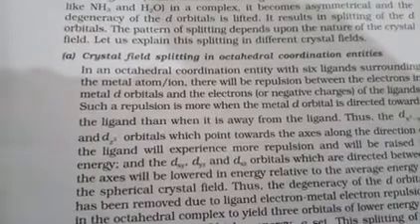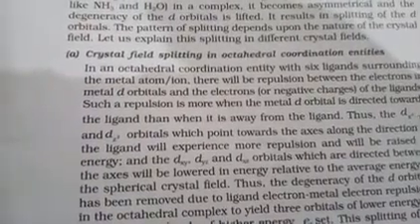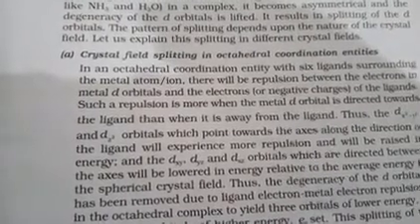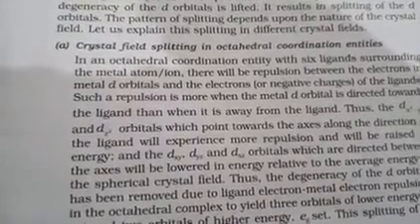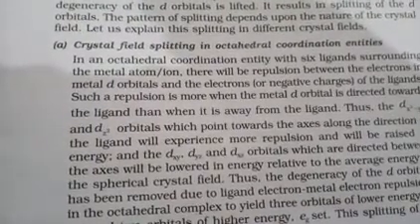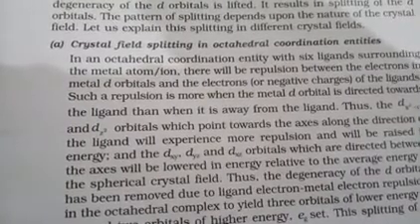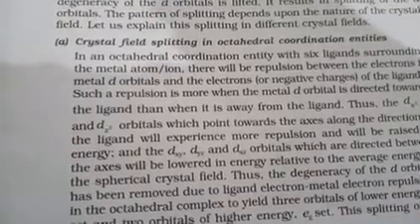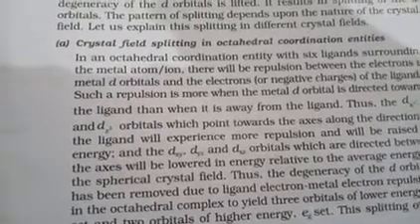This repulsion is more when the metal d orbital is directed towards the ligand, and less when it is away from the ligands. If the d orbital electrons are directed towards the ligand, the repulsion force is more; if they are far away from the ligands, the repulsive force is less.